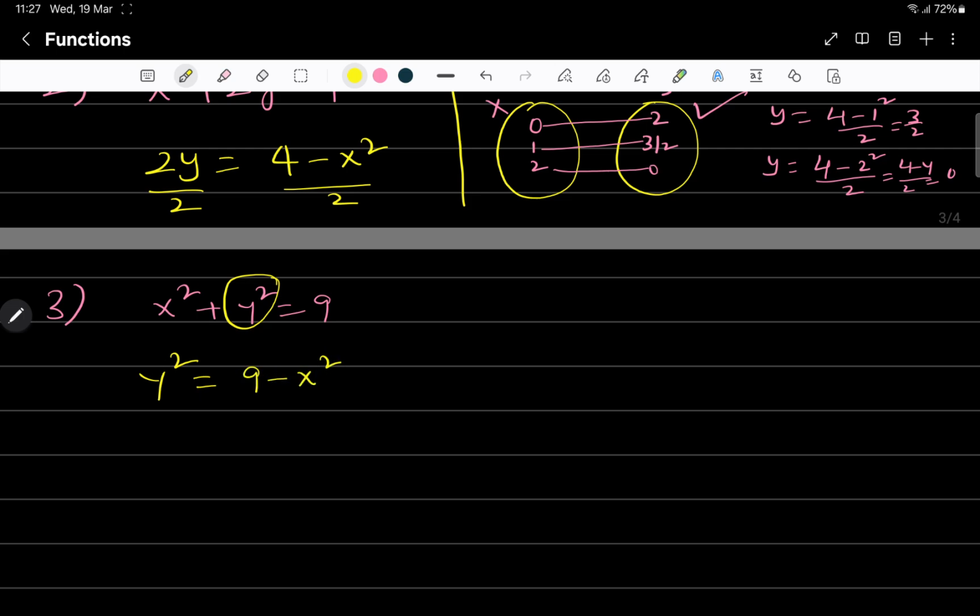Then y is how much? Taking the square root, you get plus or minus root of 9 minus x square. Why, teacher, plus minus? See, for example, x square minus 1 equal to 0.